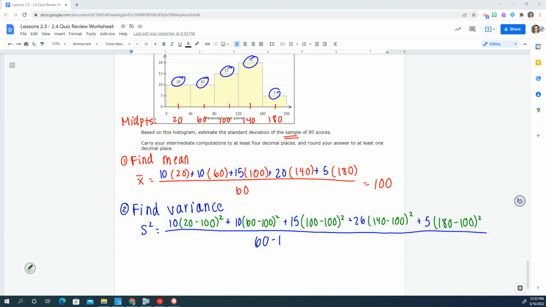What is it? 144 over 59? Yeah. Did you get this decimal? Yeah, 27. Yeah, that decimal. Okay, beautiful. So to find the standard deviation, just square root that.